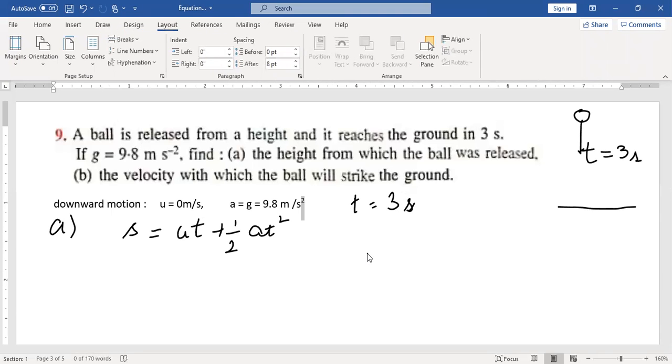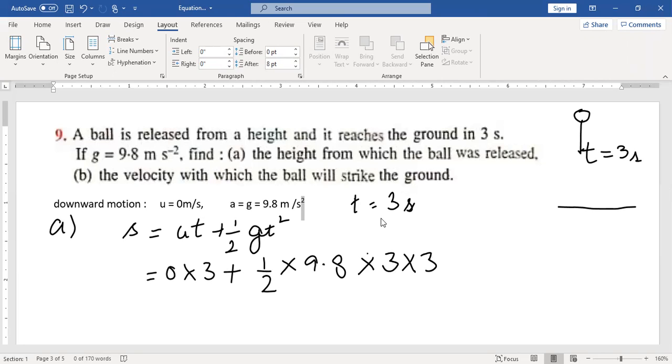Now instead of u, I'll write down 0 multiplied by 3 plus half. Instead of a, it will become plus g, so it will be 9.8 multiplied by square of 3, that means 3 multiplied by 3.